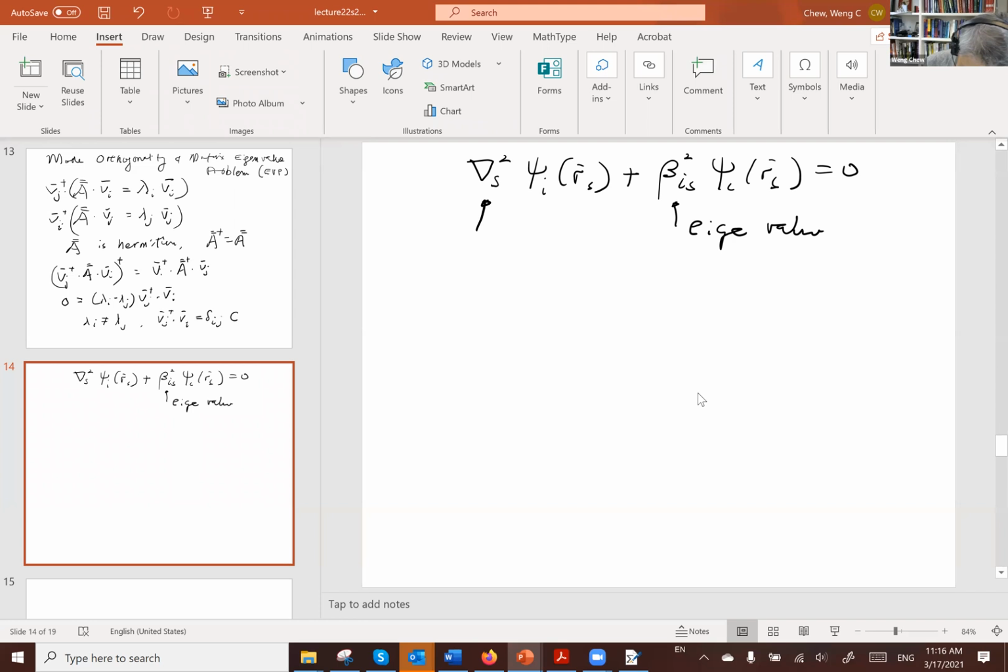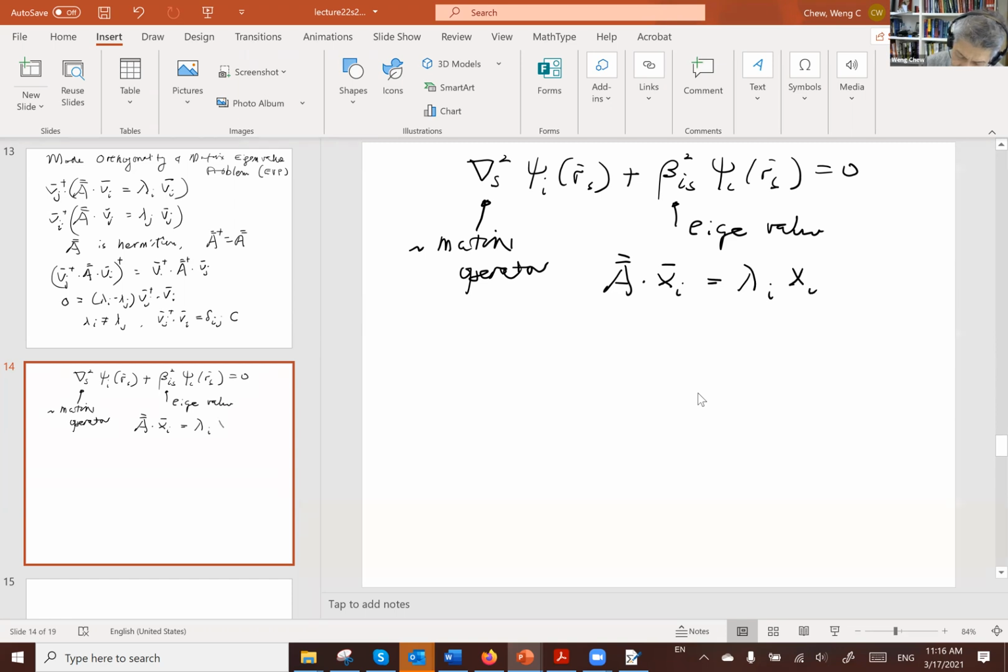Okay, and we can think of this as being equivalent to my matrix operator. If I think of this being the matrix operator, I can look at this as actually being analogous to this equation.